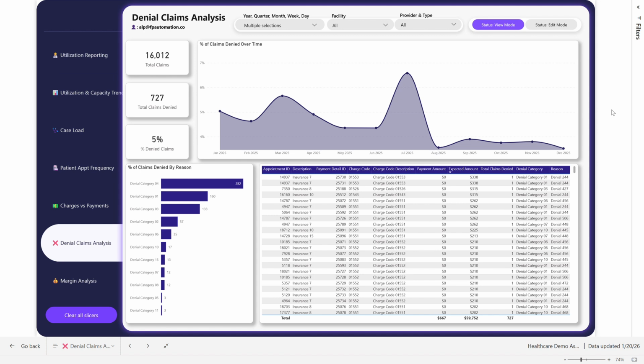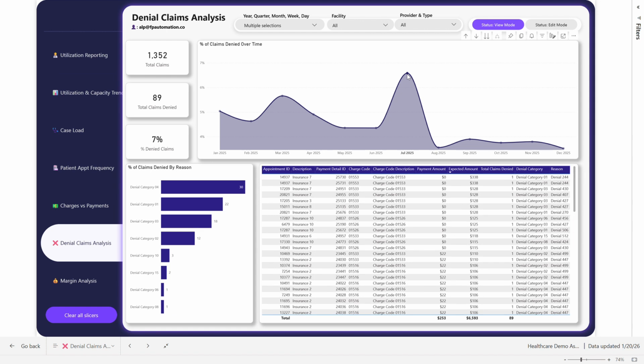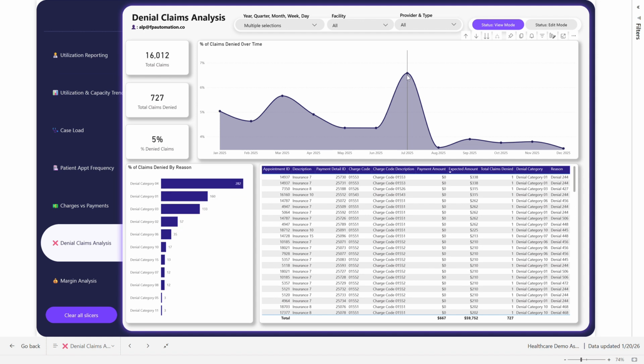In this video, we're looking at current claims as well as total claims denied and your claims percentage trend over time. What this is enabling you to do as an organization is to see exactly what appointments you currently have claims on and exactly what that expected amount gap is that you have a claim on currently.